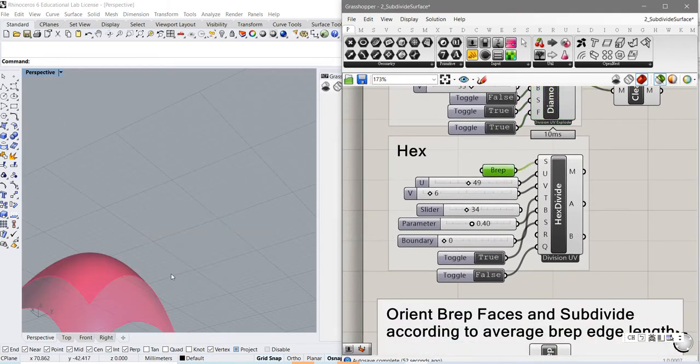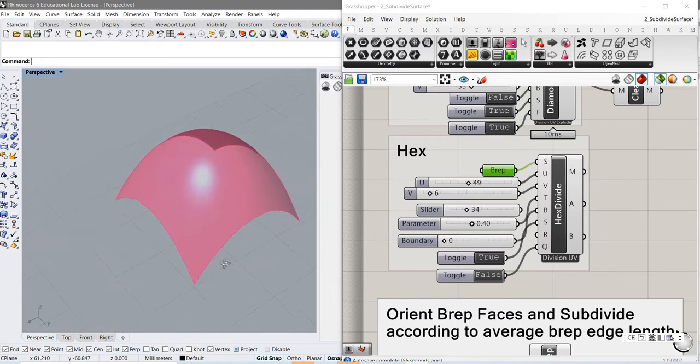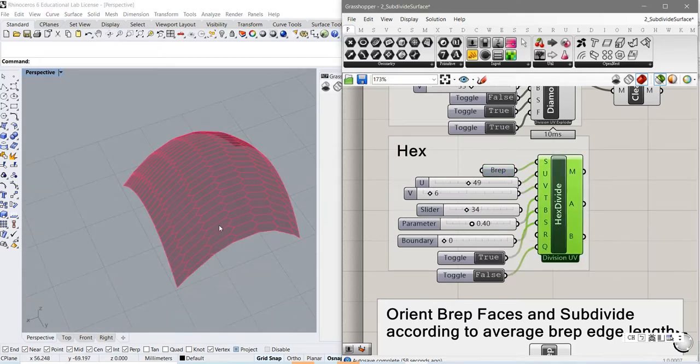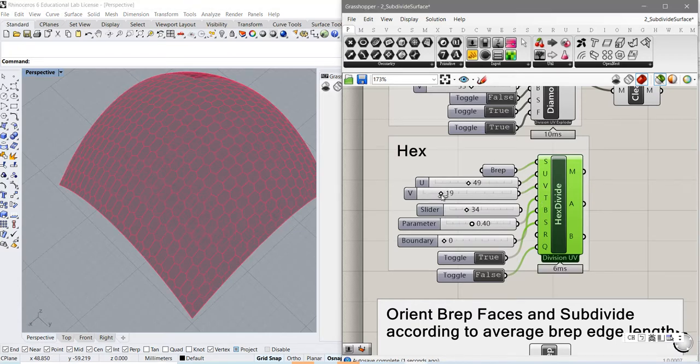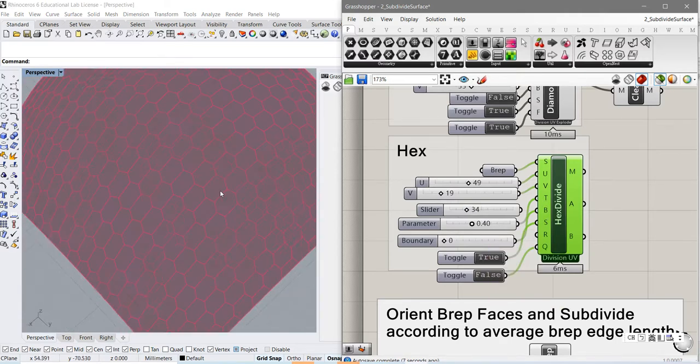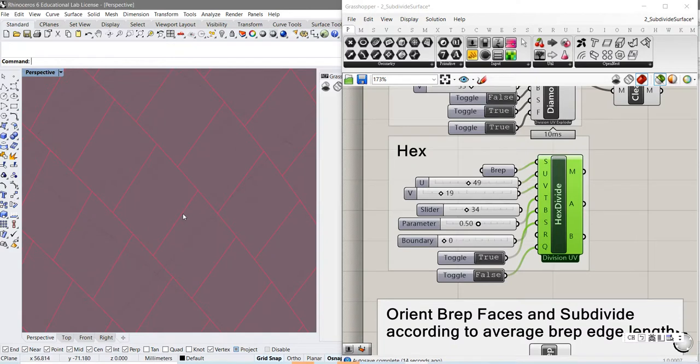Okay, now hexagonal division. They are all hexagons, right? So we can change the U and V. This T is a parameter for the hexagon. When it is smaller than 0.5, it's a kind of regular hexagon. But when it approaches 0.5, they become rectangles, right?